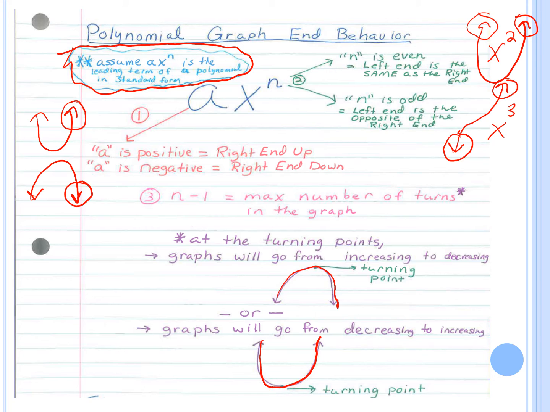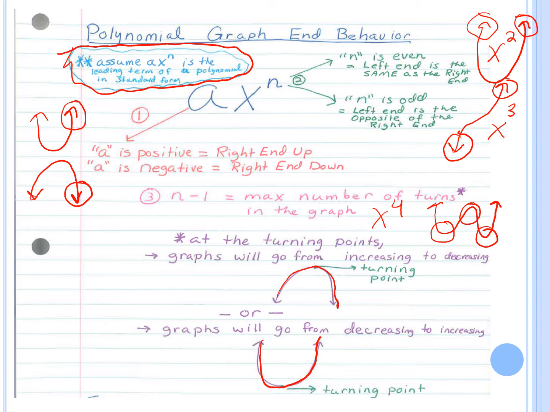Now, does that mean it has to have that many? No, but that's just the maximum number. So let's look at a sketch of x to the 4th. If you were to graph x to the 4th, your graph would have a W-shaped appearance. Well, 4 minus 1 is 3, so let's look. There's 1, 2, 3 turns. Okay?